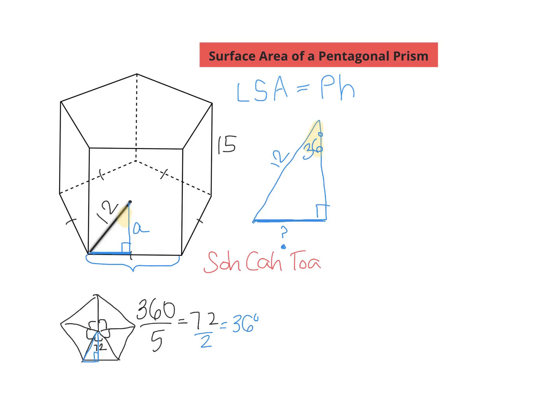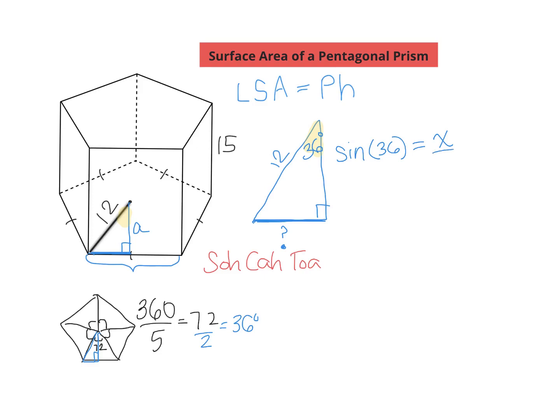So it looks like from the perspective of my 36 degree angle, this is my opposite side, the 12 would be my hypotenuse. So that means I'm going to use sine. So sine of 36 degrees is equal to my opposite, which is the side that I'm looking for.